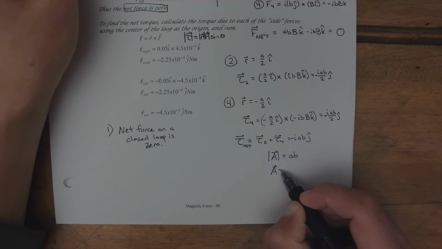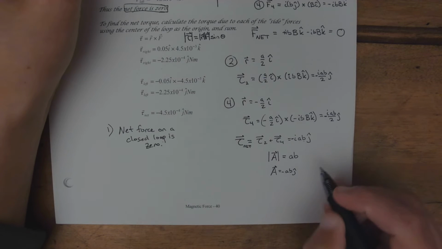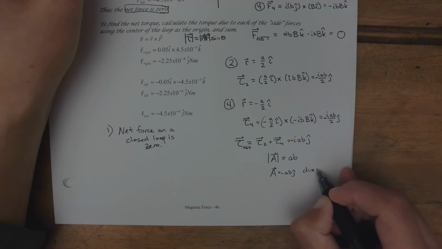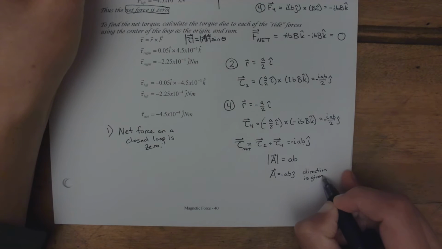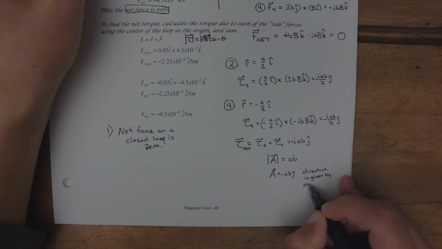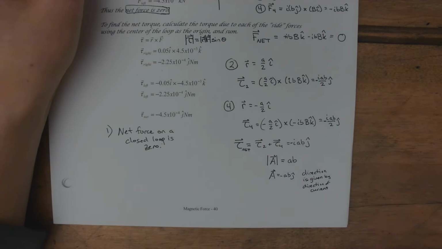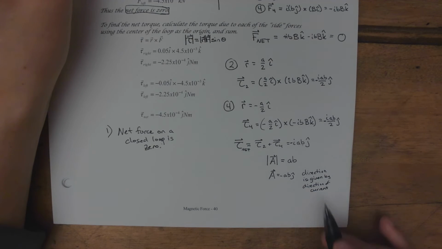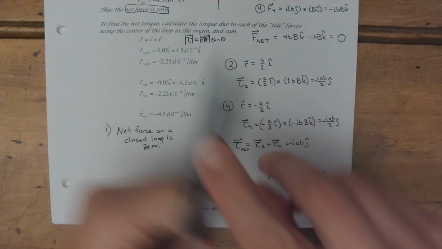So the area vector is AB, minus j hat, where the direction is given by the direction of the current, but you have to use your right hand to figure out what the unit vector would be for that. Wait a minute, that's not j hat. Pointing into the page would be k hat.